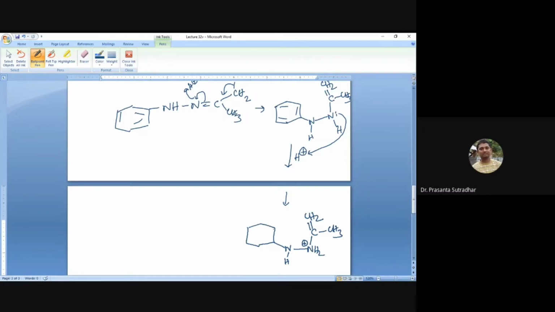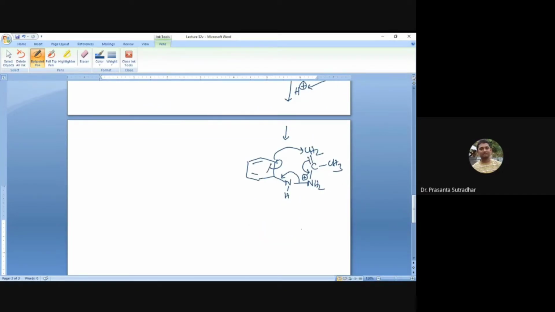Now this pi bond of the benzene ring will come over here and attack this CH2 group, and this bond will break here, and this pi bond will break here. Okay, this is cyclization. Then what will be the product?